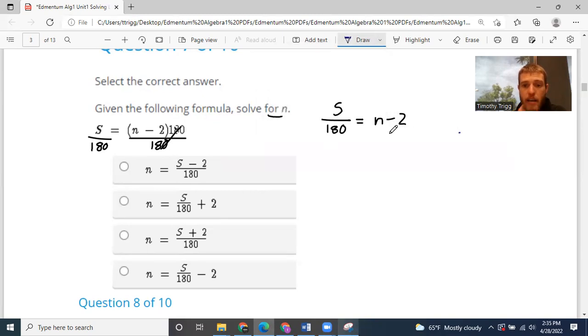To get n by itself, we're going to go ahead and use the addition property of equality to cancel this 2. So this gives us s over 180 plus 2 is n.